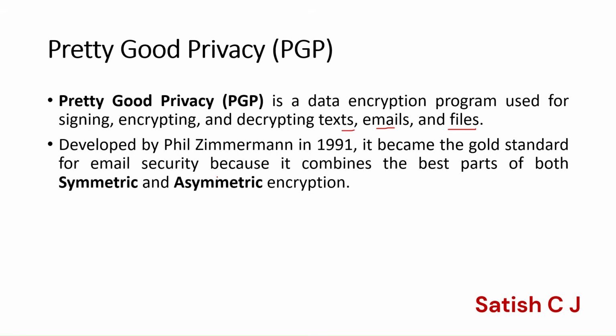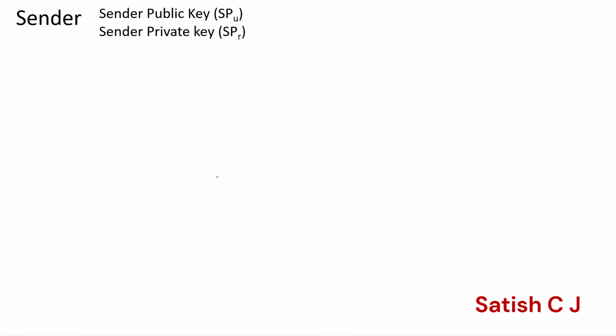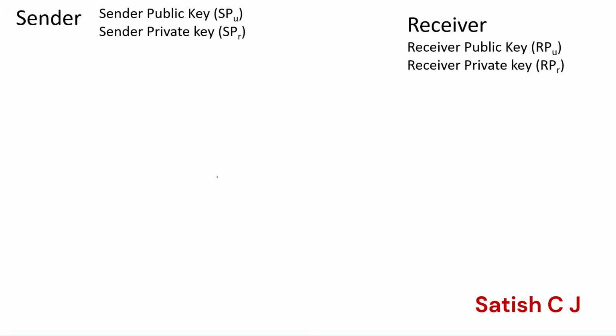Let us take a visualization on Pretty Good Privacy. Let us understand this entire process using a visualization. We have a sender who is responsible for drafting and sending the email, and we have a receiver who will receive the email.